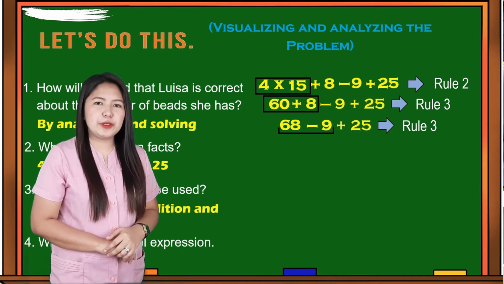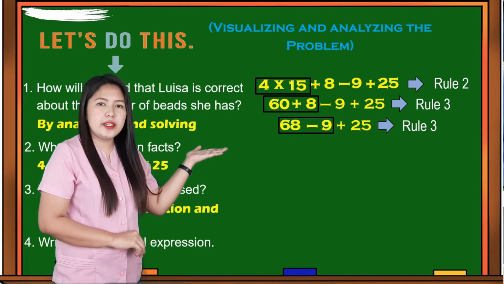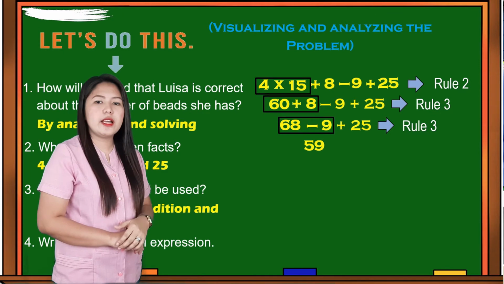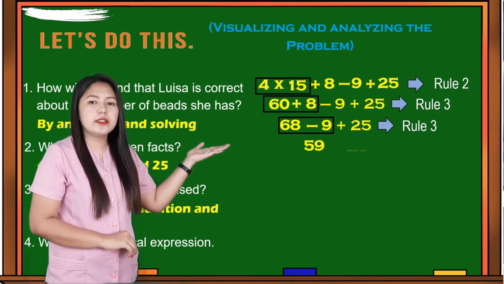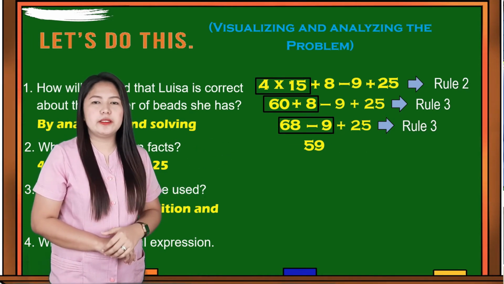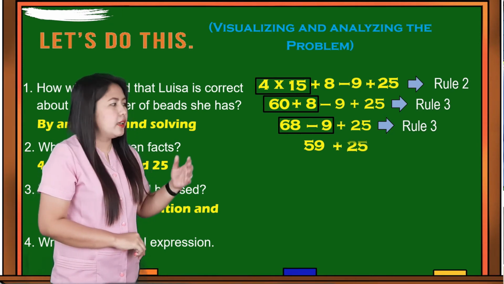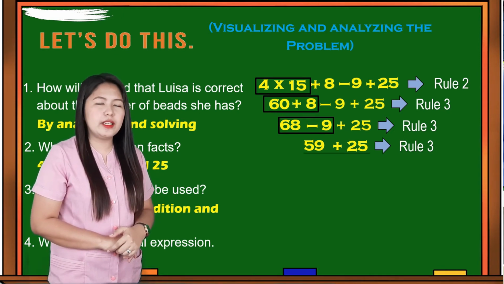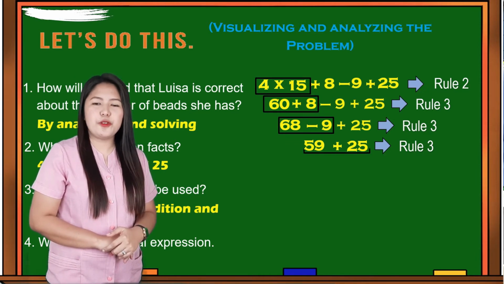Tama, meron tayong addition. I-add nyo naman ngayon si 60 at 8. So, 60 plus 8 is 68. Ibaba si minus 9 plus 25. Yun ay rule number 3. So, ano susunod nating rule? So, meron tayong subtraction. 68 minus 9 is 59.